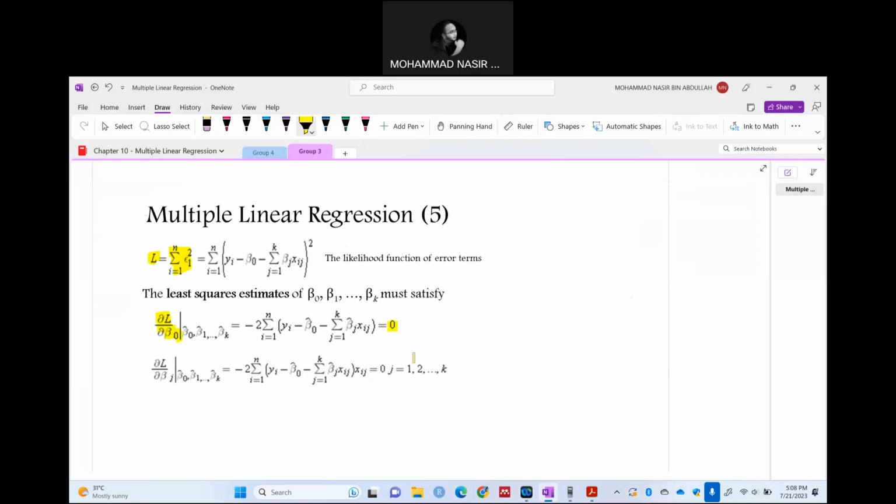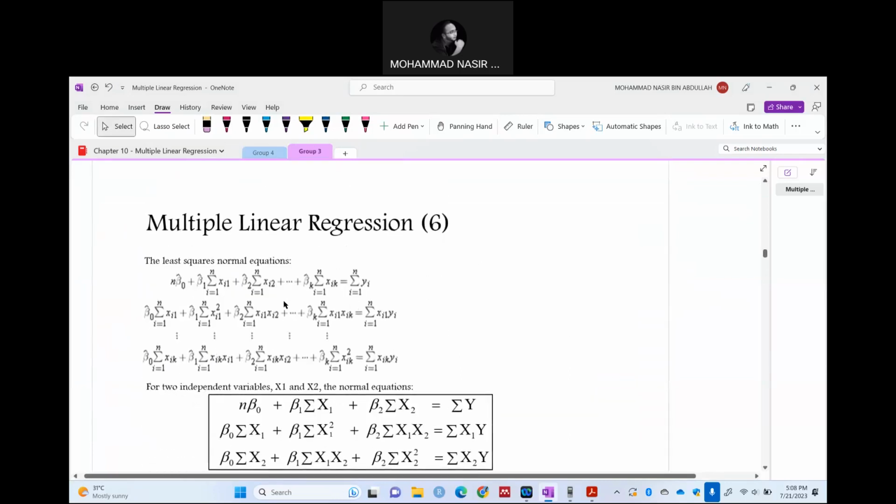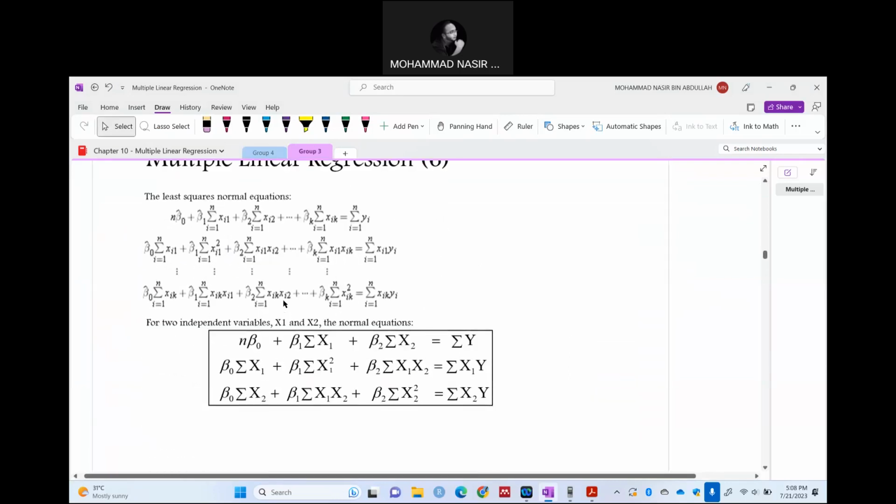This is the first step to find beta 1, beta 2 until beta n. This is basically the formula that we are going to use. This formula is not given in your statistical table. You need to remember how to construct this equation.